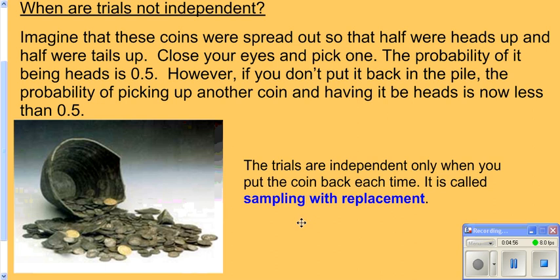Now, if you were sampling with replacement by taking that coin, picking it up, looking at it, recording the results, and then putting that coin back in there so there's still an equal number of heads and tails, then it would be independent. But if you pick that coin up and keep it and then go back for the second one, it's no longer independent.